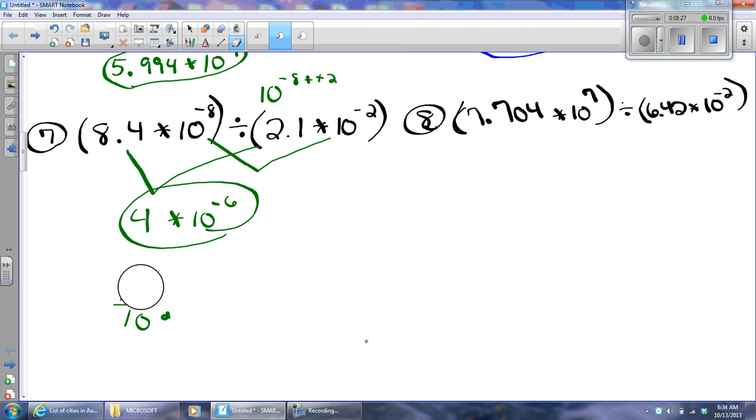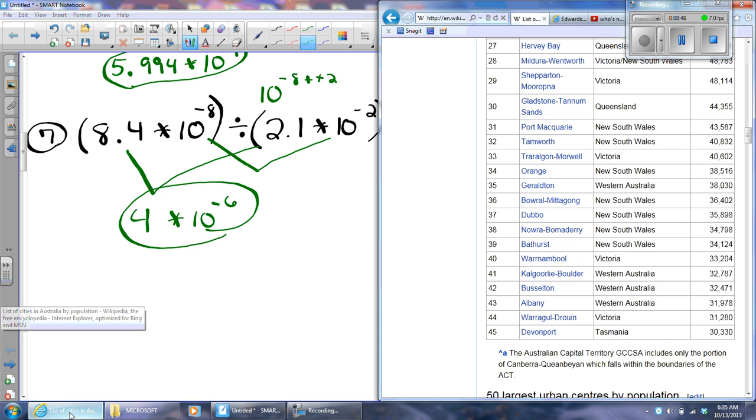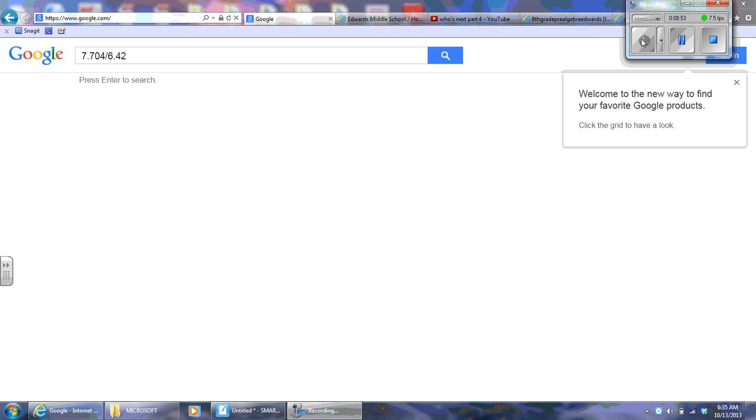All right. Number 7. Ooh, I don't know this one off the top of my head. You know what? I won't give you one like this without letting you use a calculator, but I'm going to do this bizarre one just to show you how it works. So let's go with 7.704 and 642. Get onto Google here. Hold on a second. Okay, I got my trouble sorted out, so I'm going to divide 7 and 704 10,000ths by 6 and 42 hundredths.